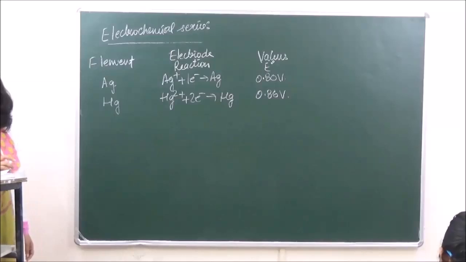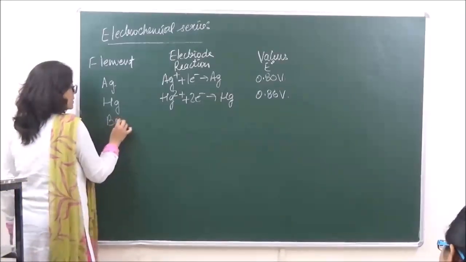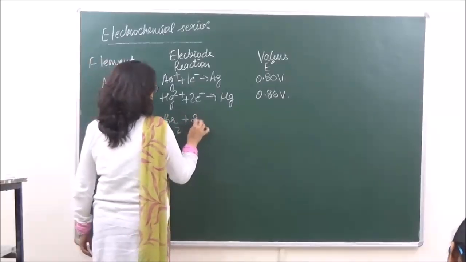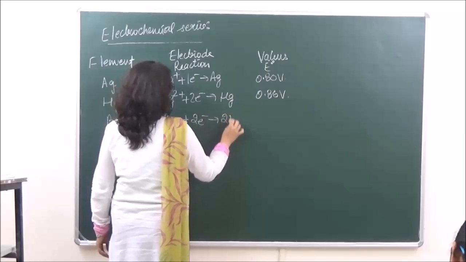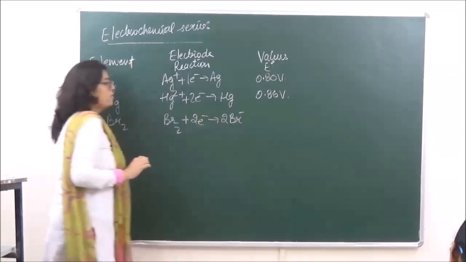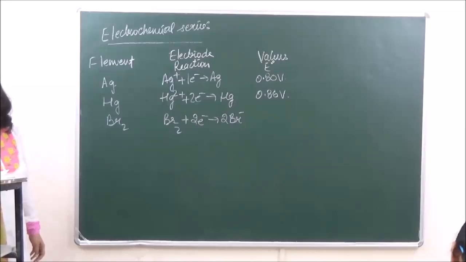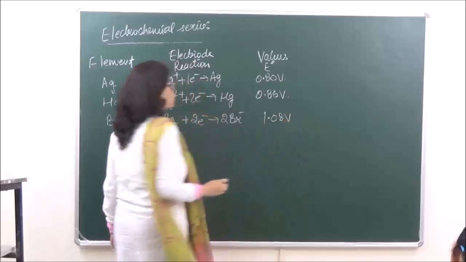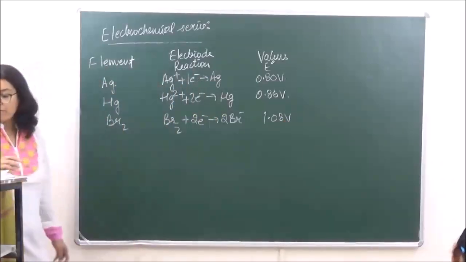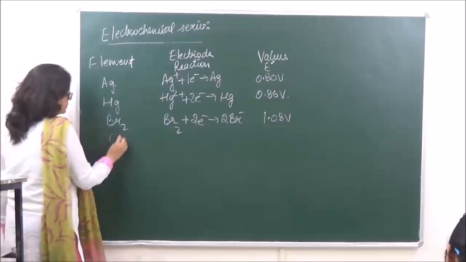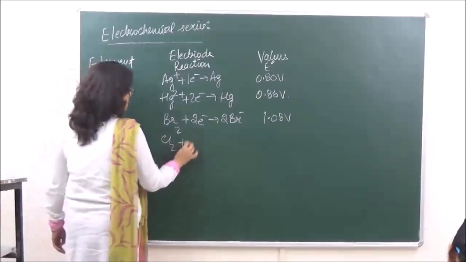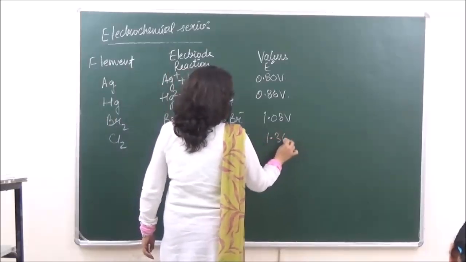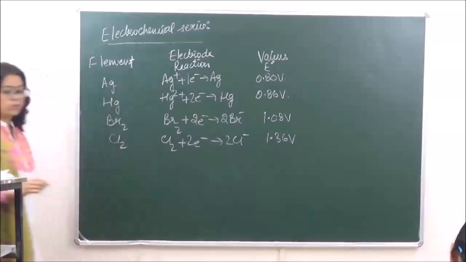Then after Hg is bromine, to give 2Br-, and the value is 1.08 volts. After bromine is chlorine, and the value is 1.36 volts.